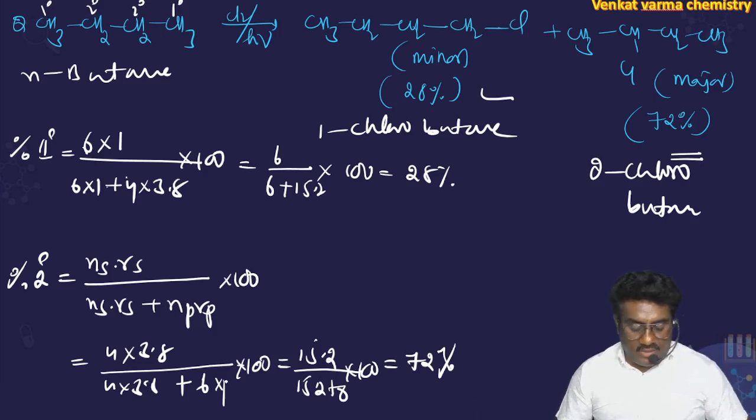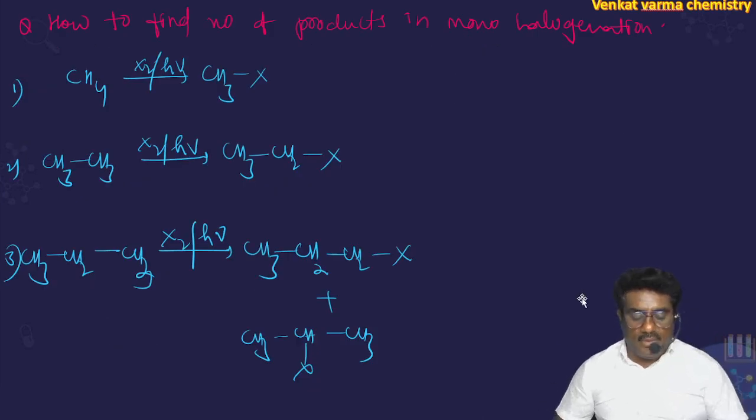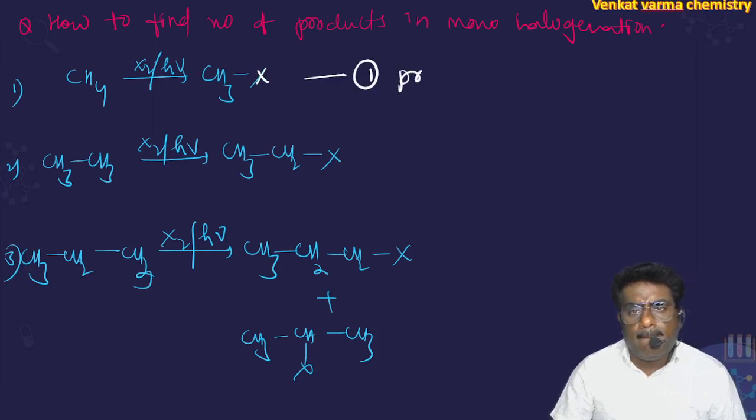See, have a look for next. Next is how to find the number of products in the monohalogenation process. For example, methane. Methane halogenation gives methyl halide, only one product.